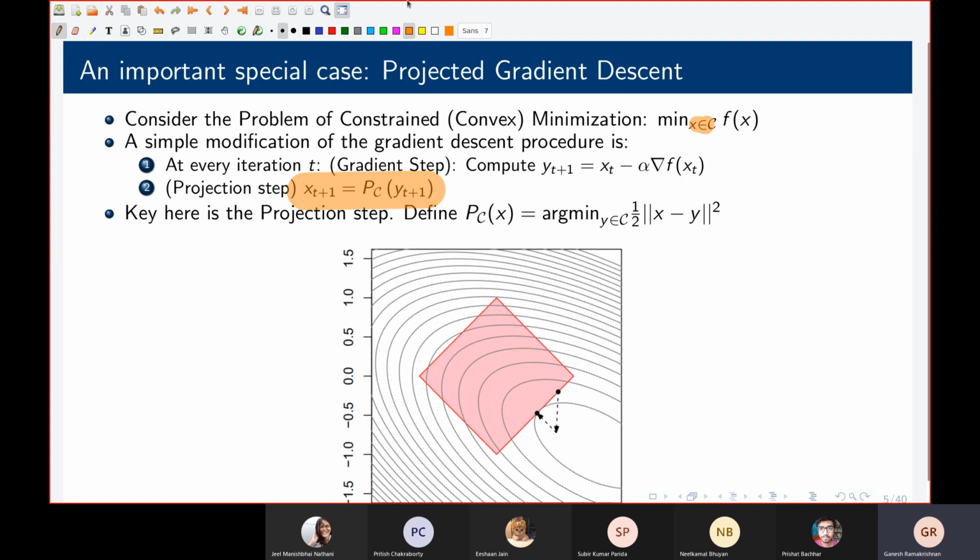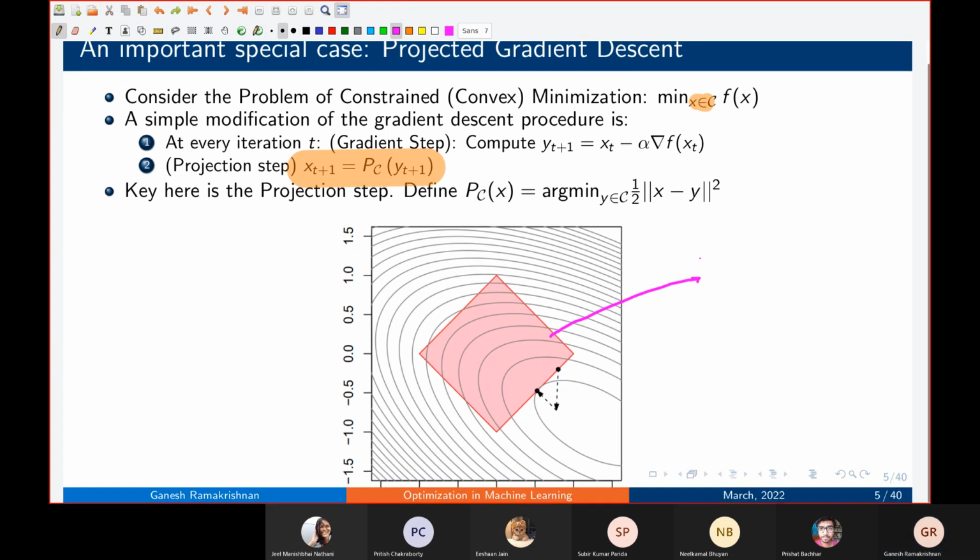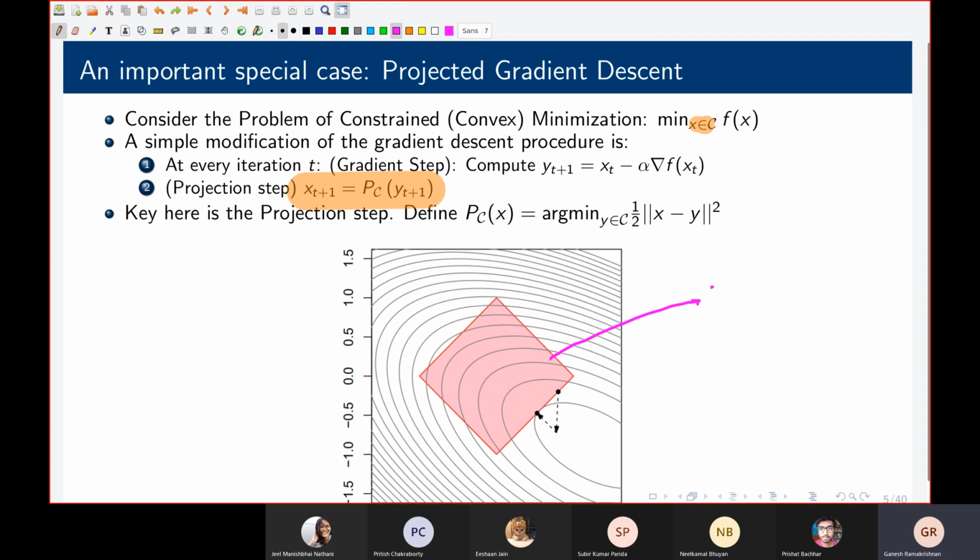The pink region is your C, and you have seen how there's an update being made. So this is your C, whereas this point is your xt, this point is your yt plus 1, which you project to xt plus 1.